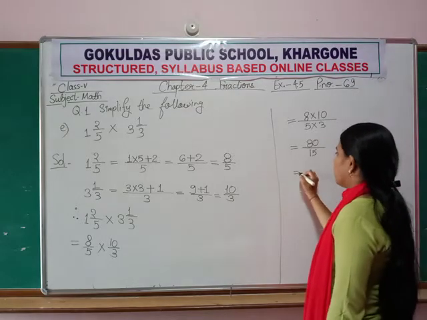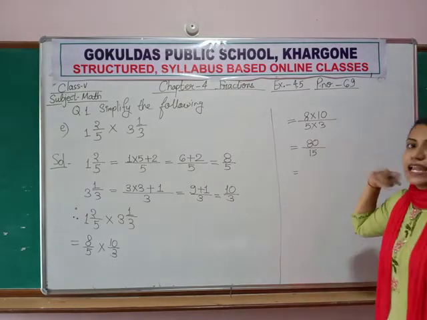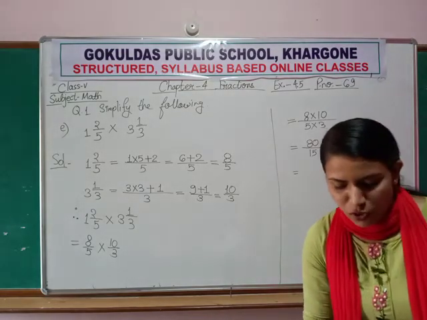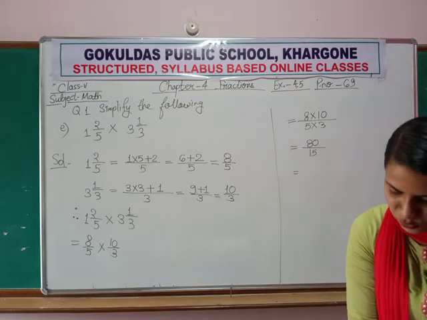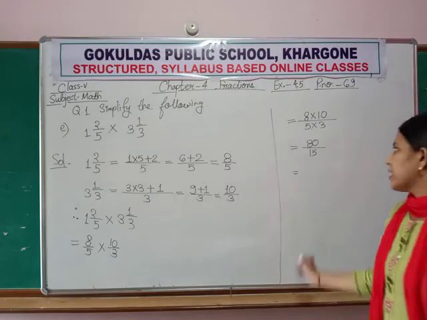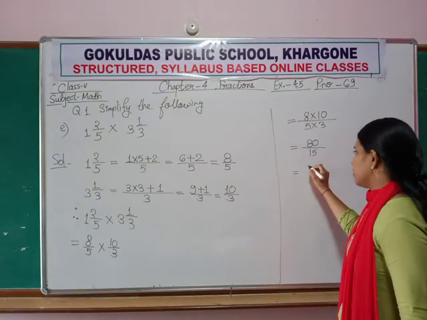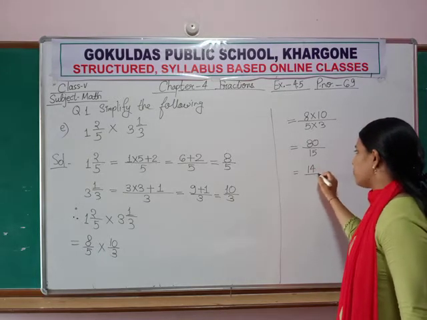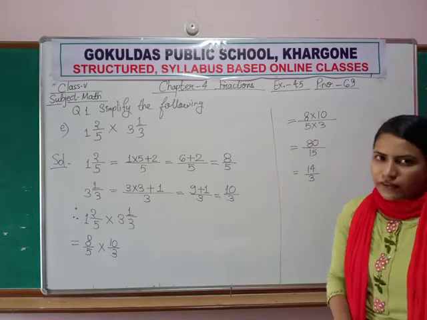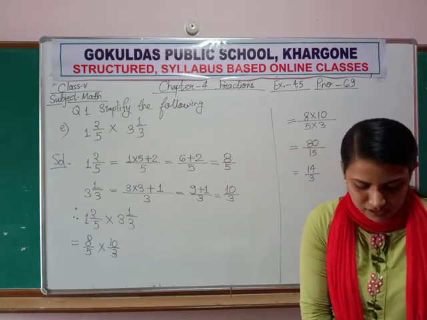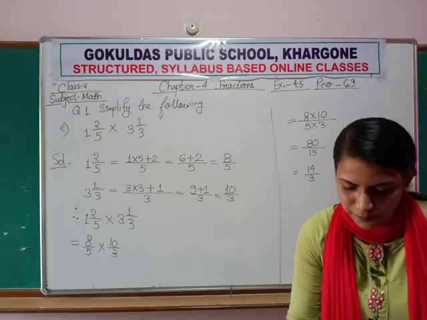Okay. Now 80/15 can be reduced to its lowest form. And when I reduce it to its lowest form, our result is 16/3. 16/3 is our result. Okay.